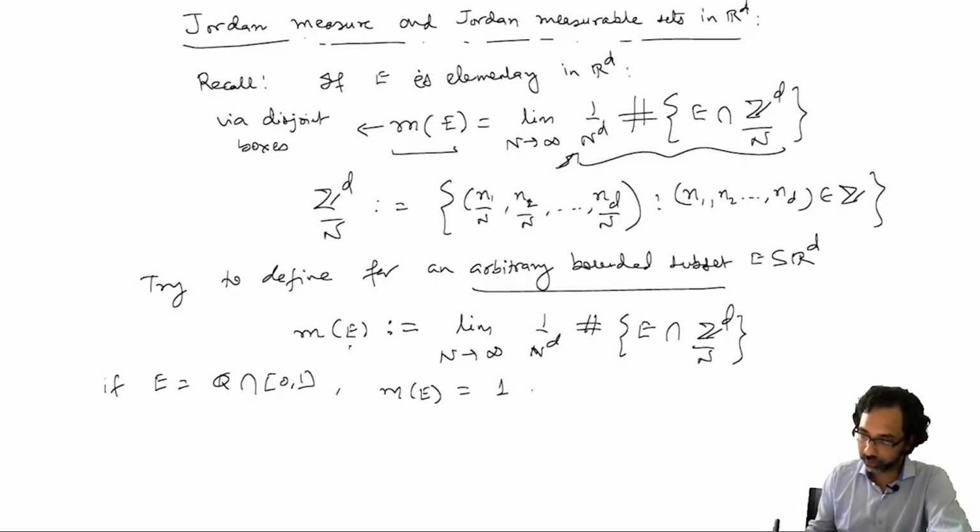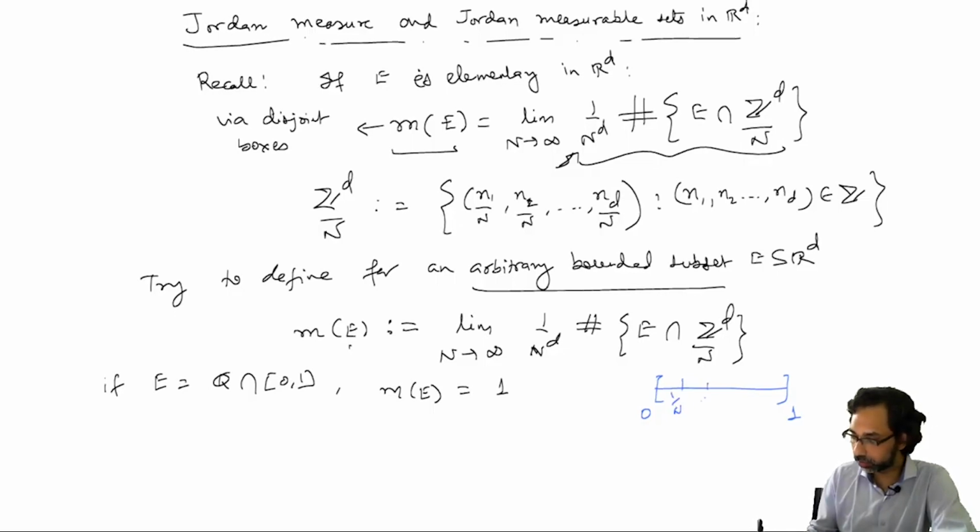This is for d equal to 1 now, and so we have this interval 0 to 1, and for any fixed n you are dividing this interval into chunks of length 1 by n, and so these points 1 over n, 2 over n up to n minus 1 over n belong to this set E intersection Z over n.